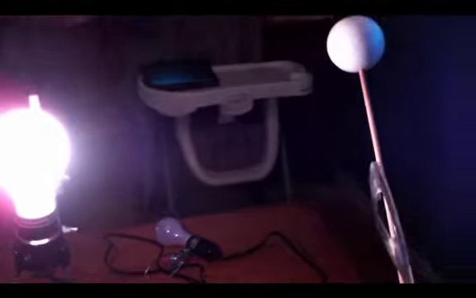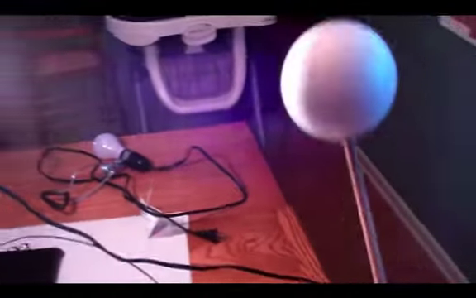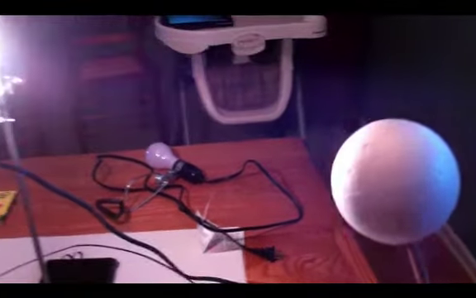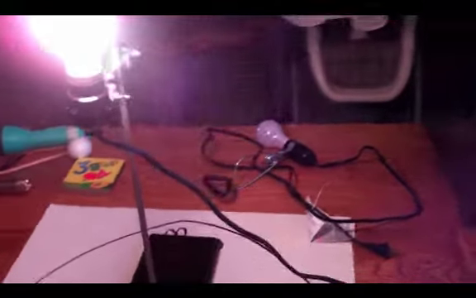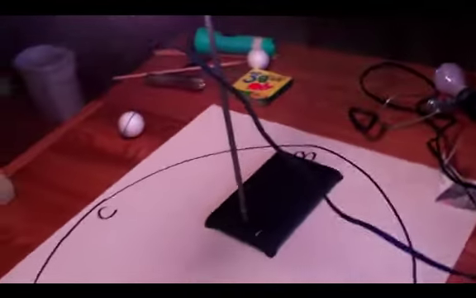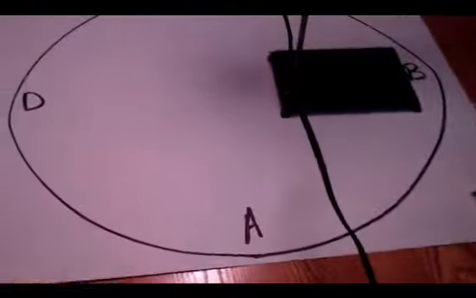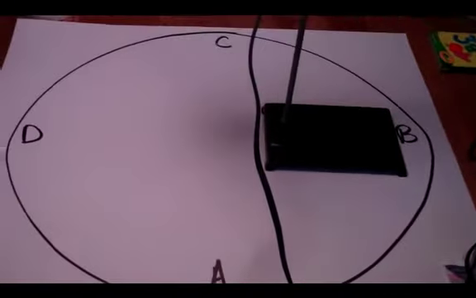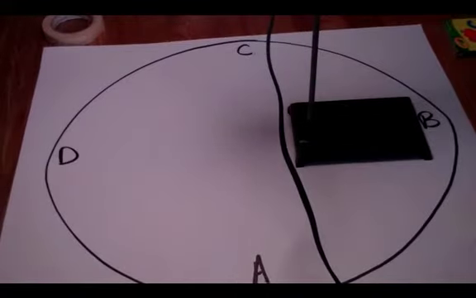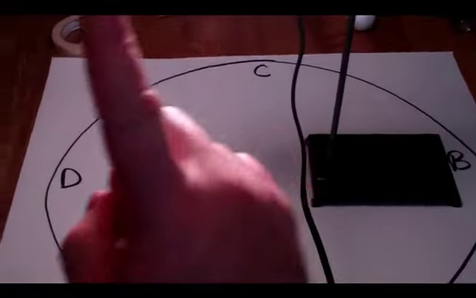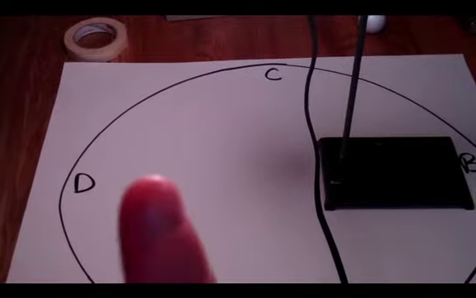Okay, so a couple things. One, the Earth rotates, spins on its axis, and it revolves, goes around, circles the sun. The second thing to note is that the piece of paper is labeled A, B, C, and D because the Earth revolves around the sun in a counterclockwise manner rather than a clockwise manner.